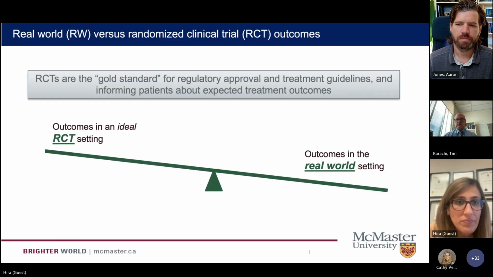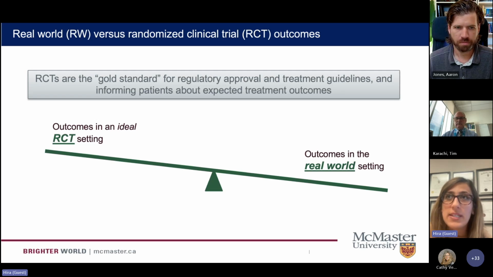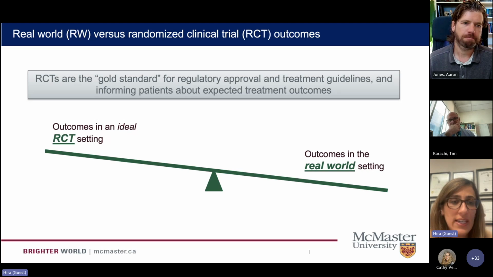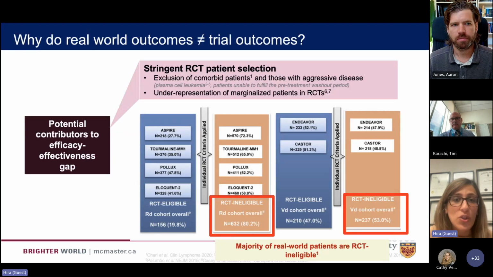All right. So one of the last projects that I'm going to just quickly present to you was an ASH oral abstract last year done by one of our colleagues. And this is just to highlight that one of the key things we've looked at with the myeloma cohort is how does the randomized control trial data compare to the real world setting? So we know that lots of trials in multiple myeloma have really stringent criteria.